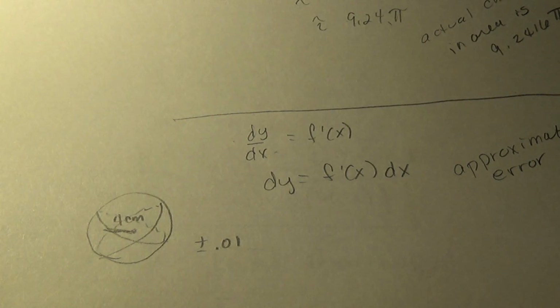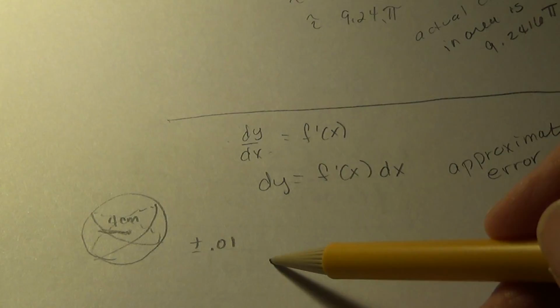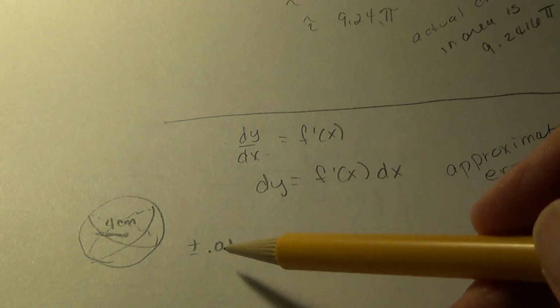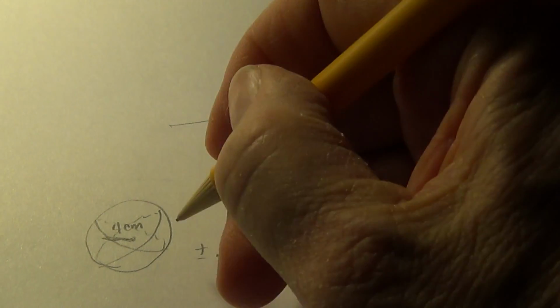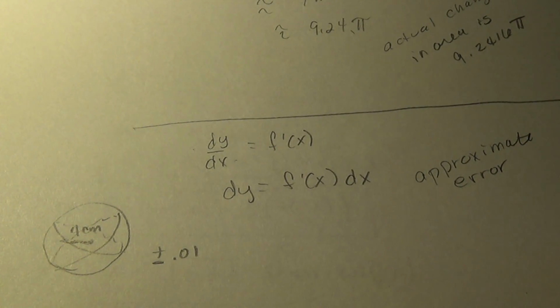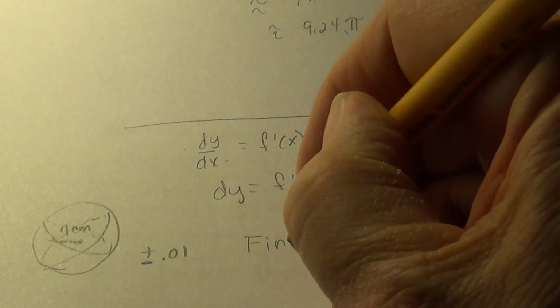So, keeping that in mind, that's just our human error, the use of our instruments, the use of our human eyes. We're often off by 0.01, plus or minus. So, with that in mind, what would be the approximate error in the surface area?